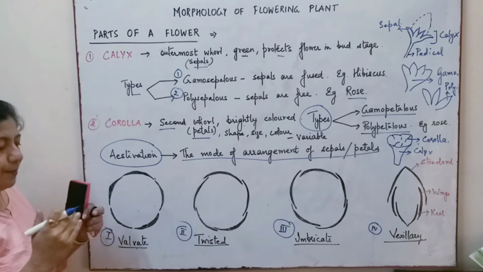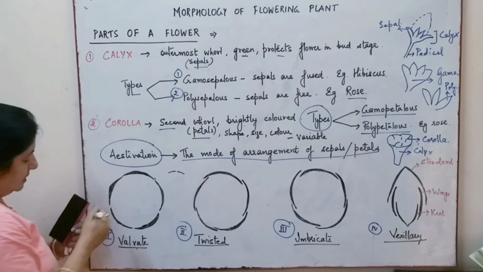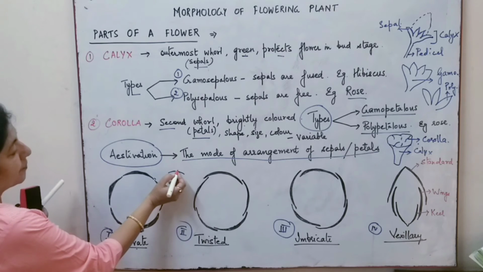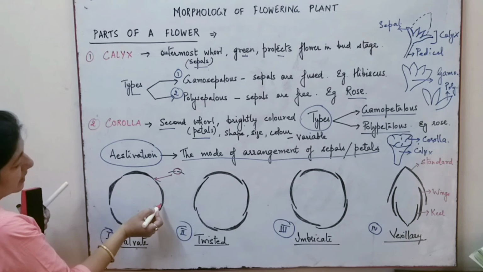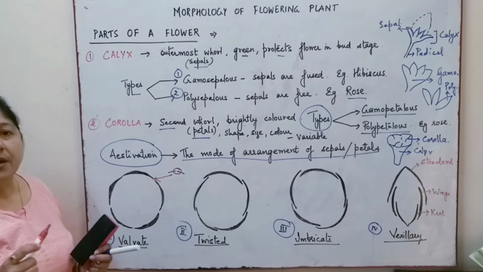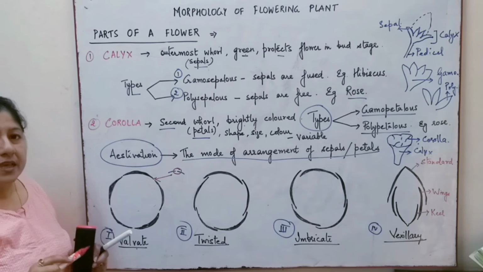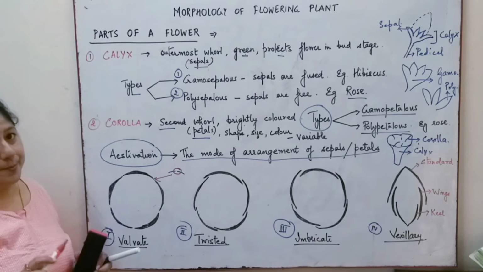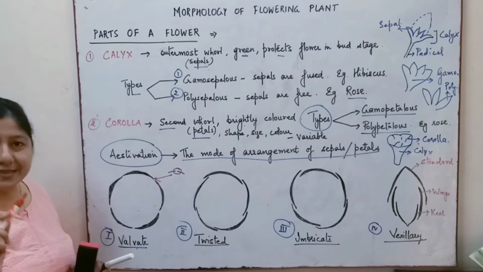The margins are simply held like this, and this is the area we are talking of. You can see over here the margins are only touching each other. Such a type of arrangement is known as valvate type. This arrangement is very common in the case of hibiscus sepals. Valvate arrangement you can see in the hibiscus sepals.